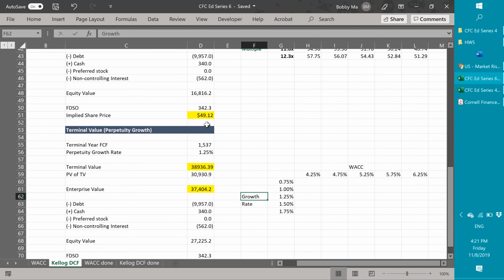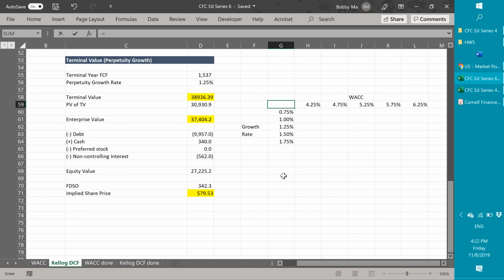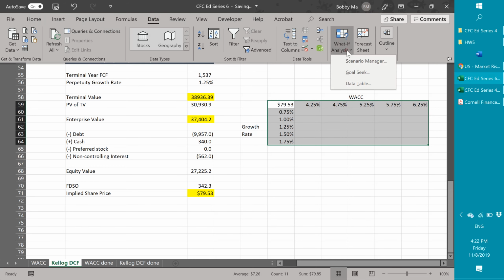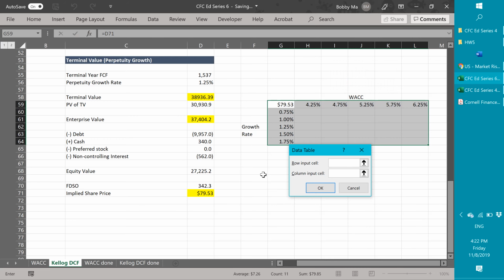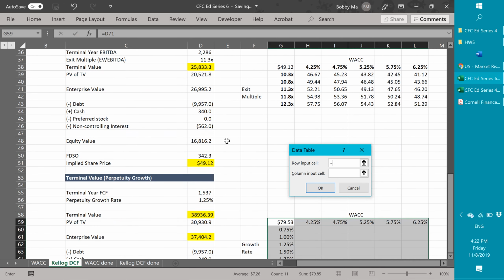So again, we're going to redo it for the perpetuity growth rate. First, in the top left corner, put your result in for your implied share price. And then you want to highlight the whole table. On this top bar, you click data, what-if analysis, and data table. And then your row input cell, again, is your top row.